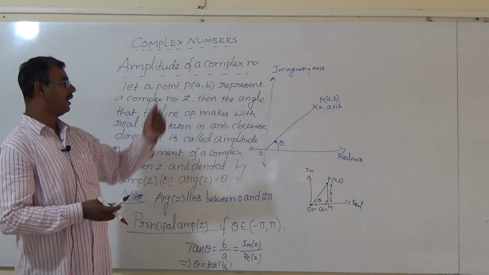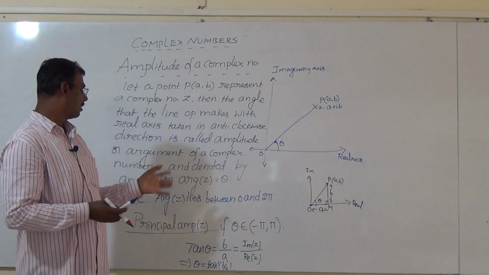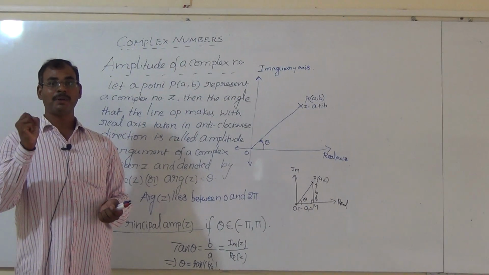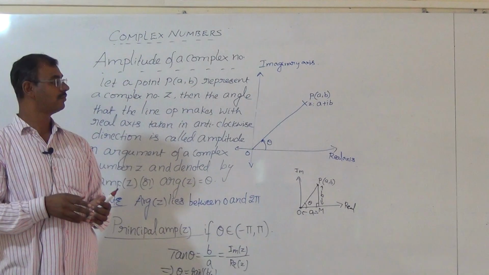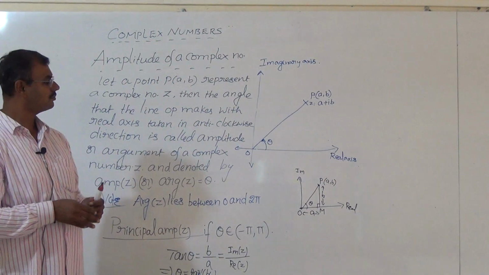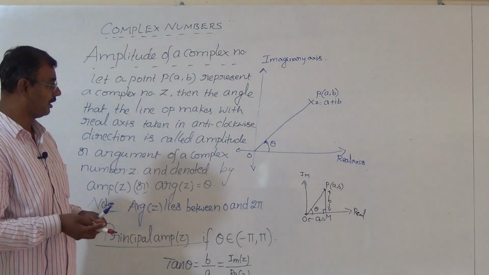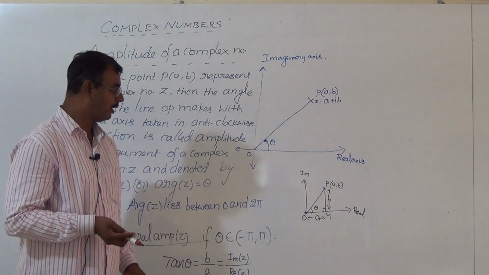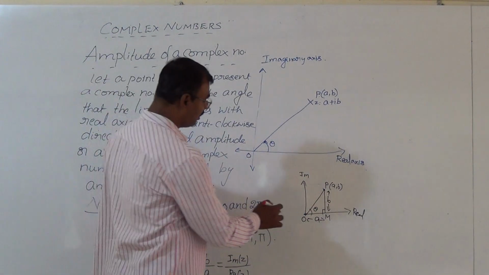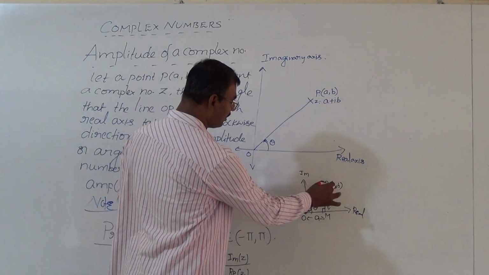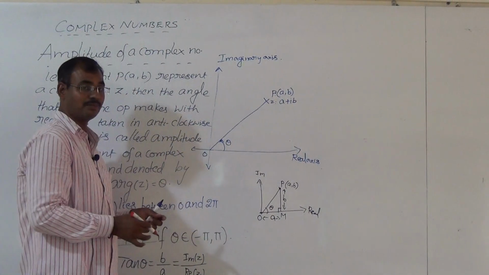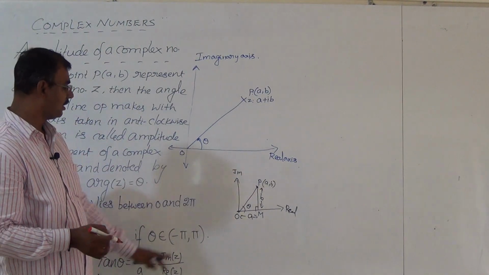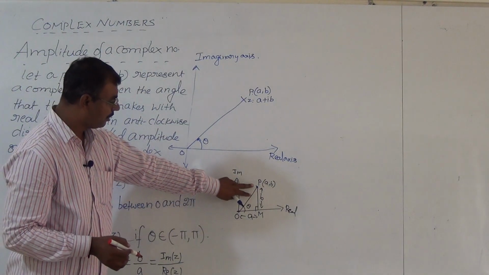Keep in your mind, the principal amplitude of a complex number always depends on the quadrant in which it lies. The principal amplitude lies between minus pi and pi. If P lies in the first quadrant, sine and cos are both positive.